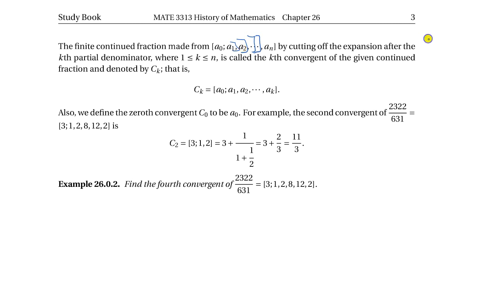So the first one is just a0. We don't need to put the bracket around it, but let me just keep that. The next one is a0 semicolon a1. The second one is a0 semicolon a1 comma a2. So if you keep doing it this way, the last one is the one we have, right? Up to an.